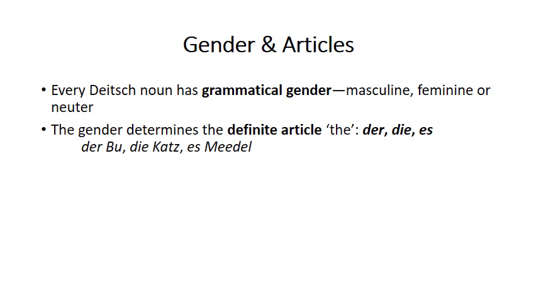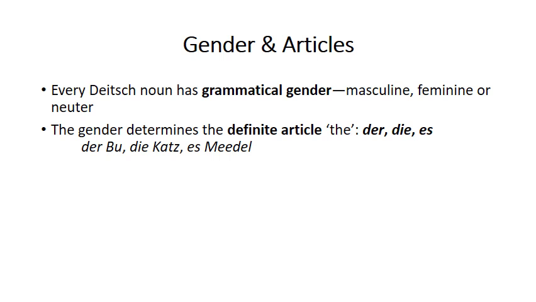We see examples here. So the word boo, which means boy, happens to be masculine. And so when you say the boy, you say da boo, because boo's grammatical gender is masculine. Let's take the word katz, though. Katz means a cat, and that word happens to be feminine grammatically.